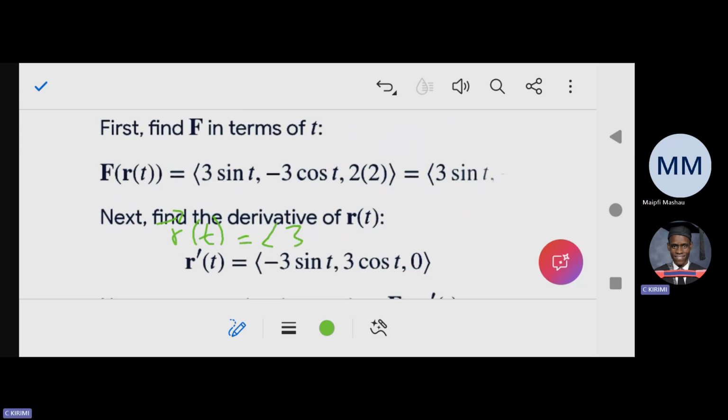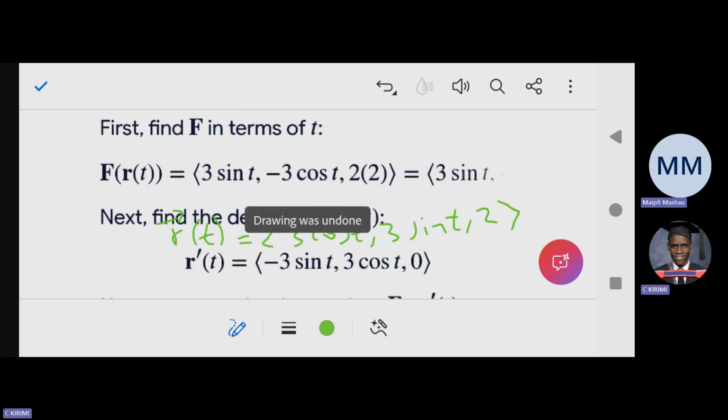It was 3 cos t, and 3 sin t. And then the last coordinate is 2, which is a constant. It's no longer just z, but a constant. Then you close your bracket like that.